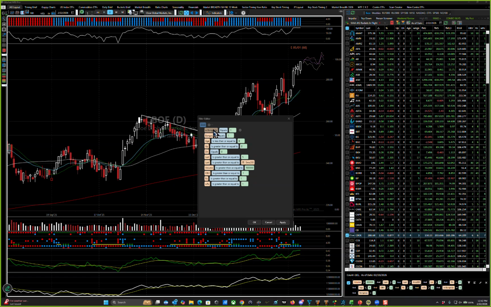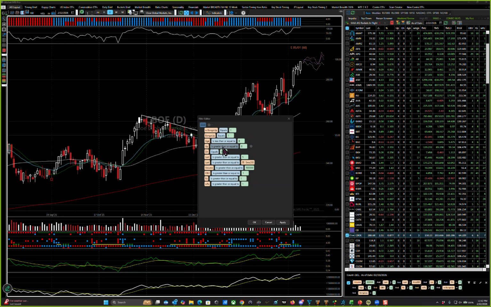Bongo up. Weekly bongo up is positive. Daily bongo up is positive. Age of the daily bongo is less than or equal to 9, meaning it switched within the last 9 bars.